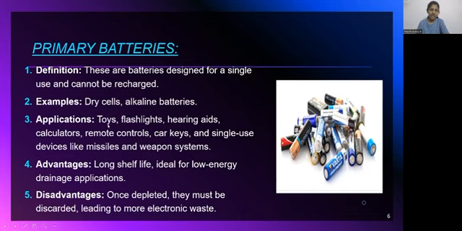These can be applied in daily uses in toys, flashlights, hearing aids, calculators, remote controls, and many more. Advantages are long shelf life and being ideal for low voltage drain applications. Disadvantages: once they're depleted, they cannot be used again. They must be discarded.